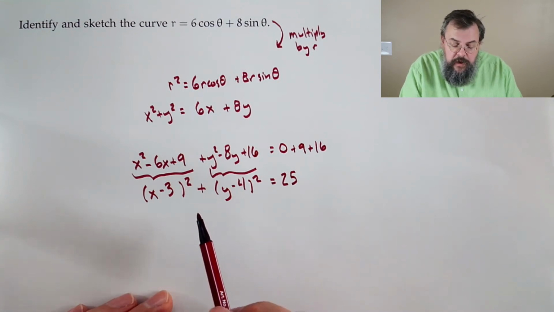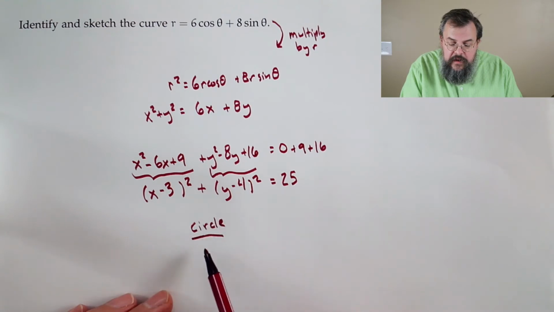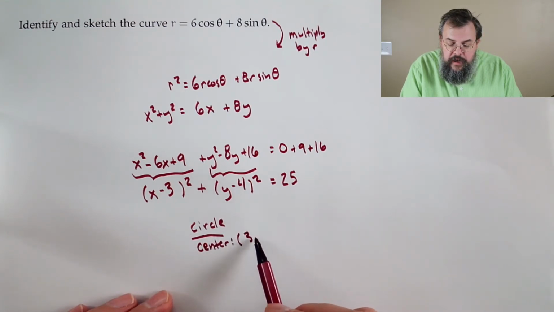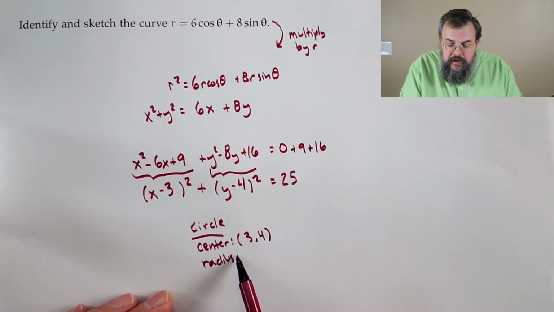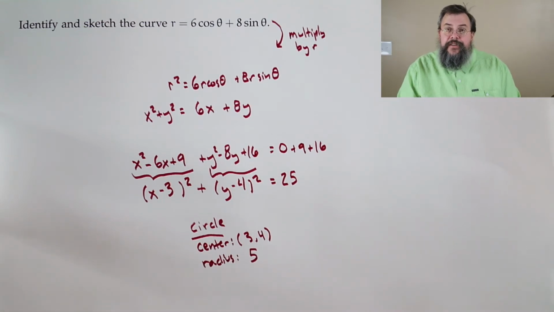So we say, well, now we know what it is. It's a circle. And we can talk about the center. The center here is at 3, 4, and the radius is 5. So, okay, r equals 6 cosine theta plus 8 sine theta is a circle.